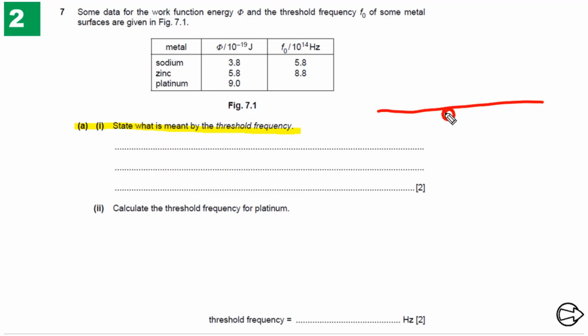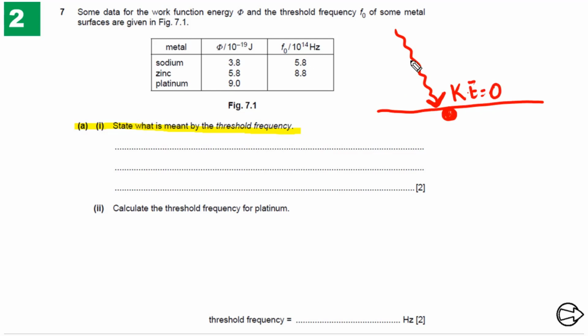Let's say we have a piece of metal and this is an electron located at the surface of the metal, and a photon of light is coming. When this photon of light reaches the surface and is absorbed by this surface electron, the surface electron is emitted from the surface with zero kinetic energy.